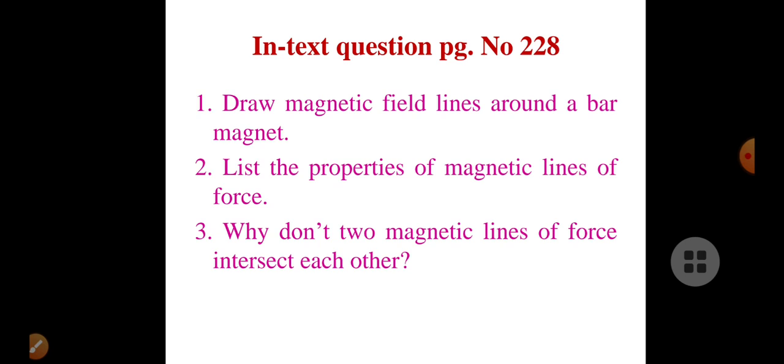The strength of the magnetic field is given by the crowdedness of the lines, and so on. A lot of properties we discussed in the last lecture. Why don't two magnetic field lines of force intersect with each other? Already done, because at the point of intersection there will be two directions, which is not possible.